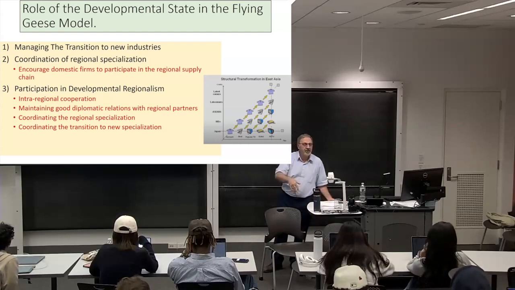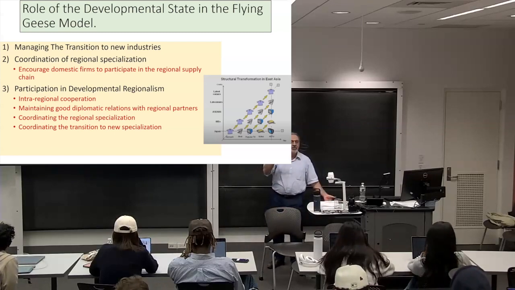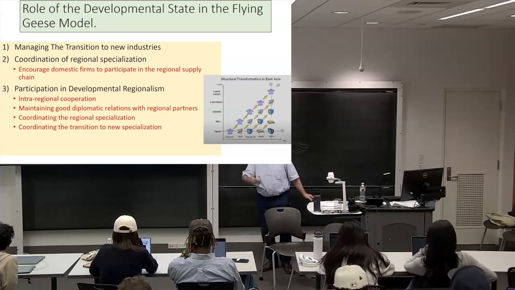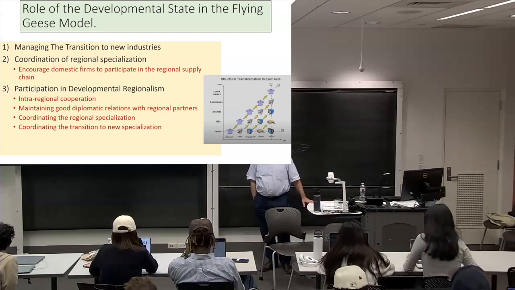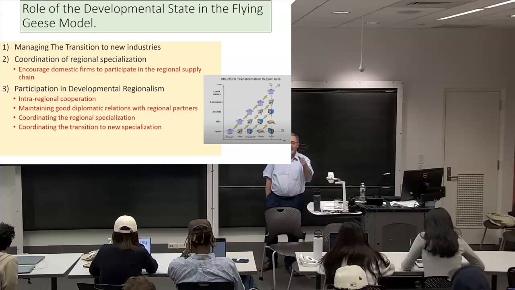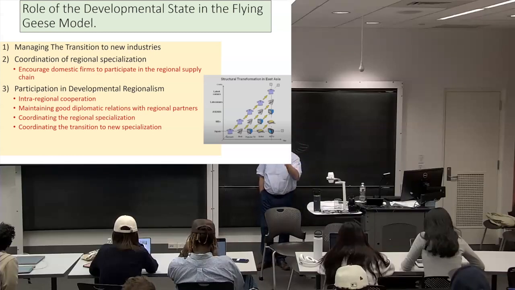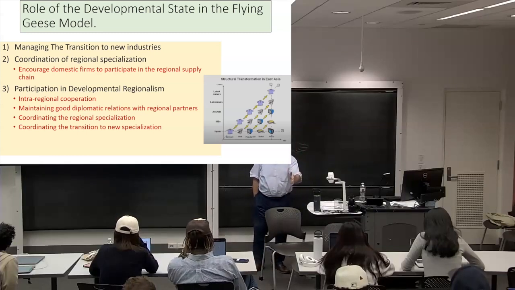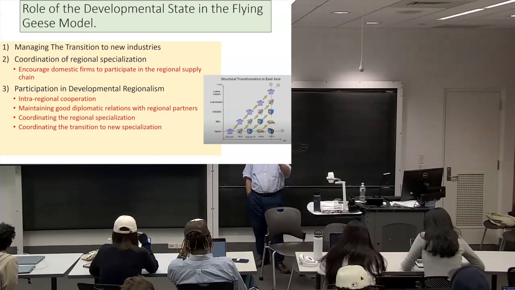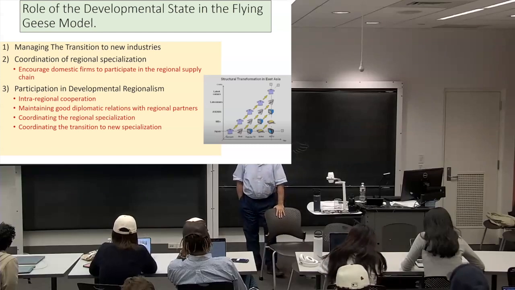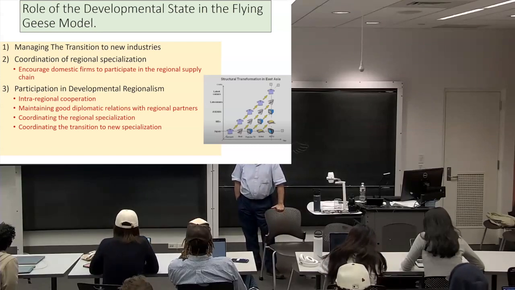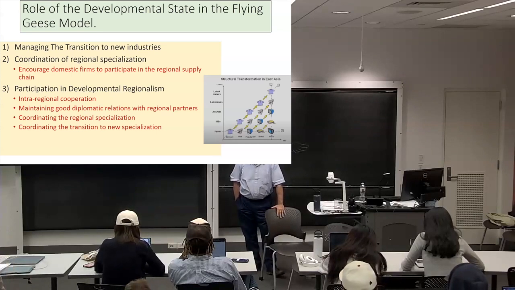But in the past few years, starting in 2017, the US has become a developmental state. It is not only imposing restrictions, but it's also providing guidelines and resources to move the economy into certain specific industries. Can you give me examples of what the United States has been doing recently?